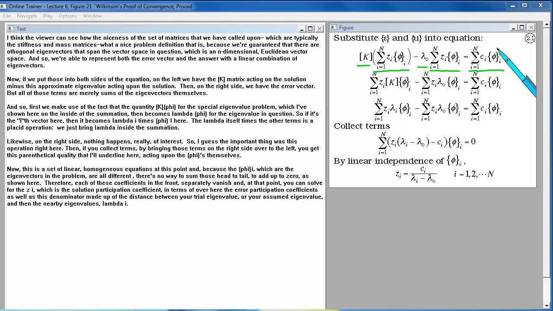And so first we make use of the fact that the quantity K phi for the special eigenvalue problem, which I've shown here on the inside of the summation, then becomes lambda phi for the eigenvalue in question. If it's the ith vector here, then it becomes lambda sub i times phi sub i here.